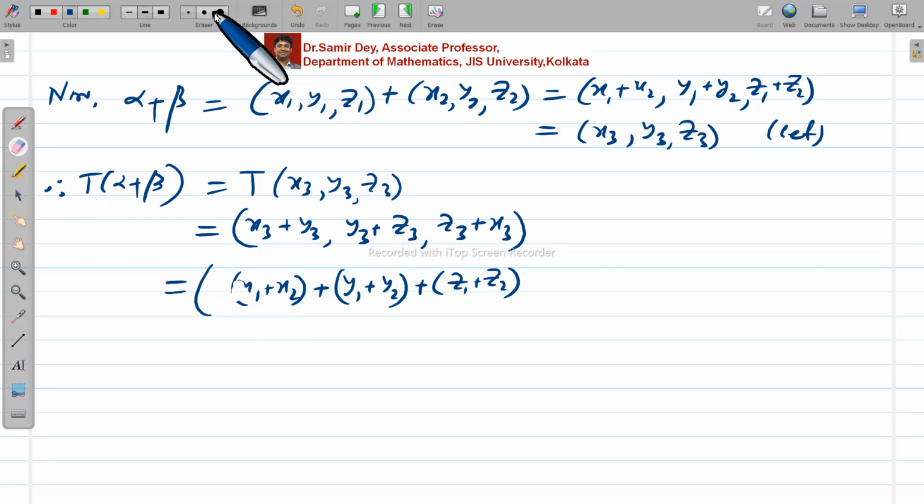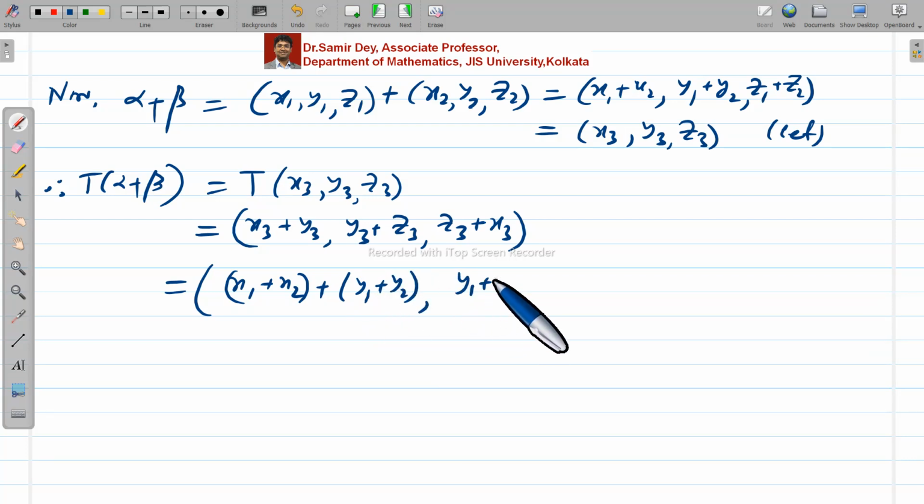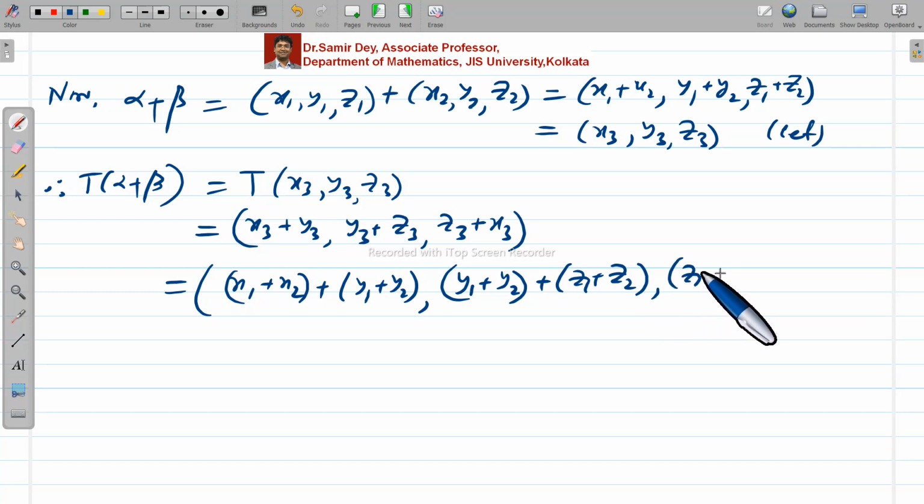No, it is not correct. Now basically x3, that is your x1 plus x2 plus y1 plus y2, comma, y1 plus y2 plus z1 plus z2, comma, z1 plus z2 plus x1 plus x2.